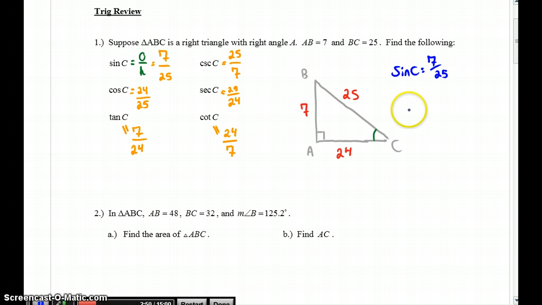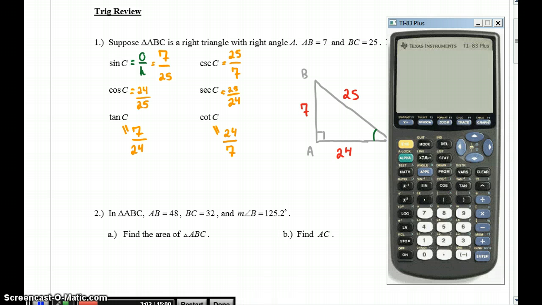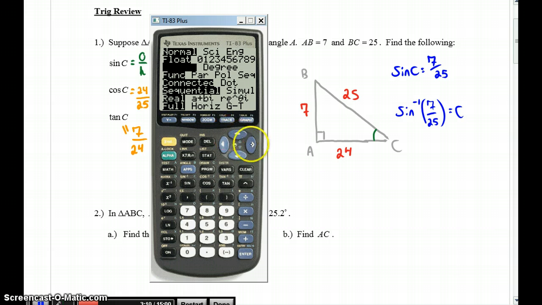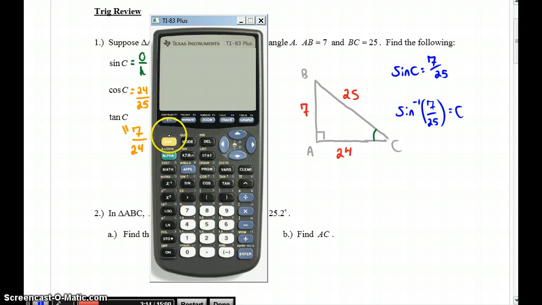We can find out what angle C is by saying the inverse sine of 7 out of 25 equals C. You can go into your calculator, make sure that our mode is set to degree mode, and say inverse sine, that's second sine, of 7 over 25, which gets us 16 degrees.